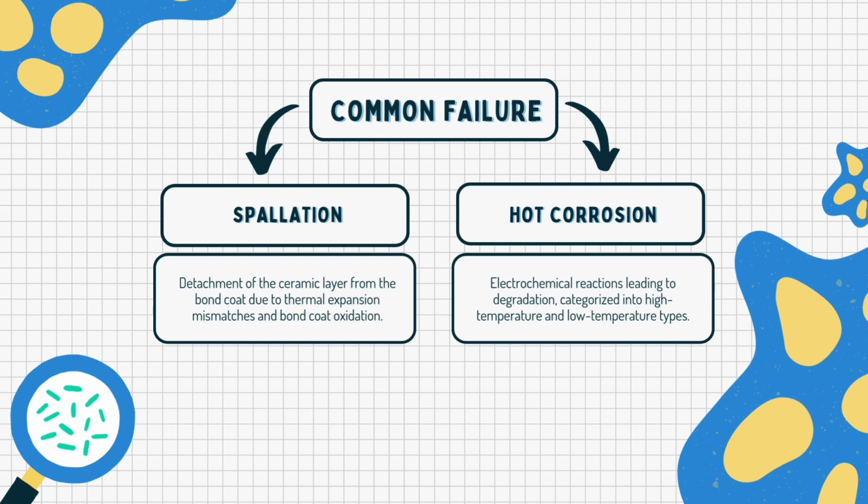Thermal barrier coatings have common failures. First is spallation, detachment of the ceramic layer from the bond coat due to thermal expansion mismatch and bond coat oxidation. Then hot corrosion, an electrochemical reaction leading to degradation, categorized into high temperature and low temperature types.